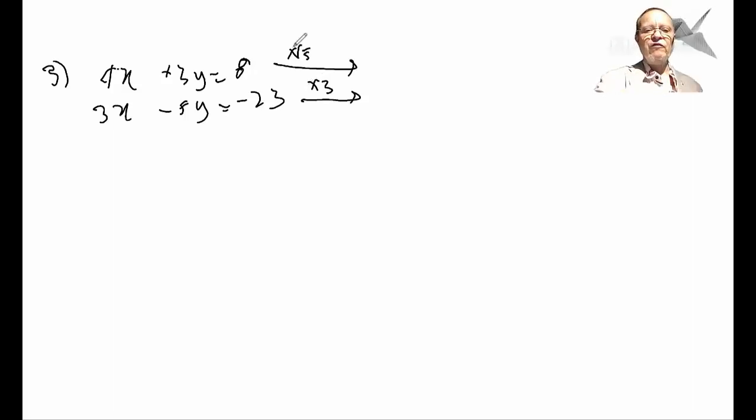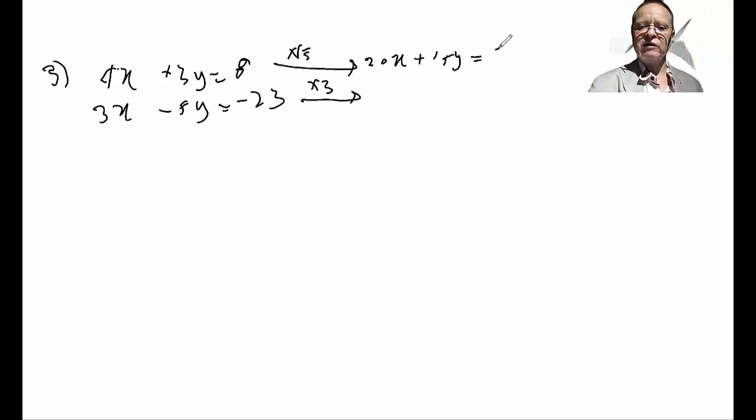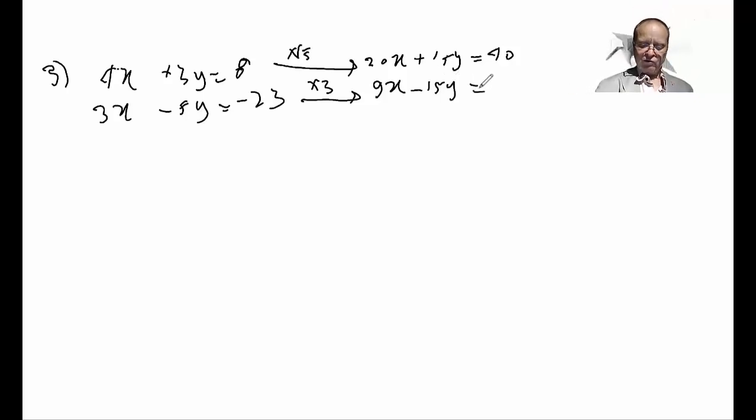So 5 times, so I'm going to multiply it through, and I'm going to get 20x plus 15y is equal to 40. And then the next one, which I multiply by 3, I'll get 9x minus 15y is equal to negative 69.